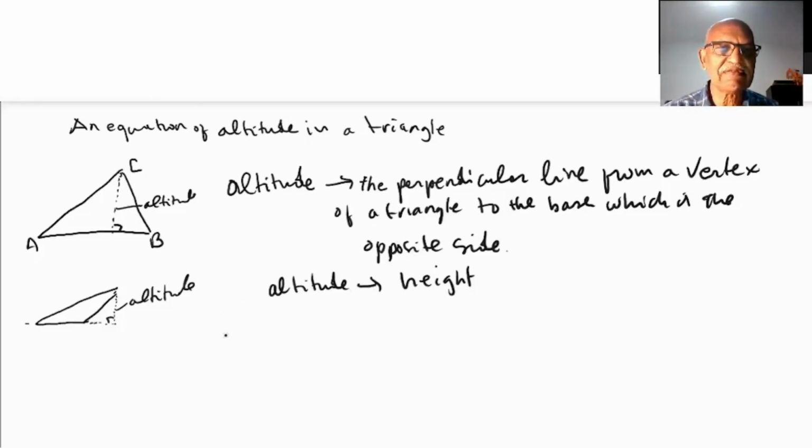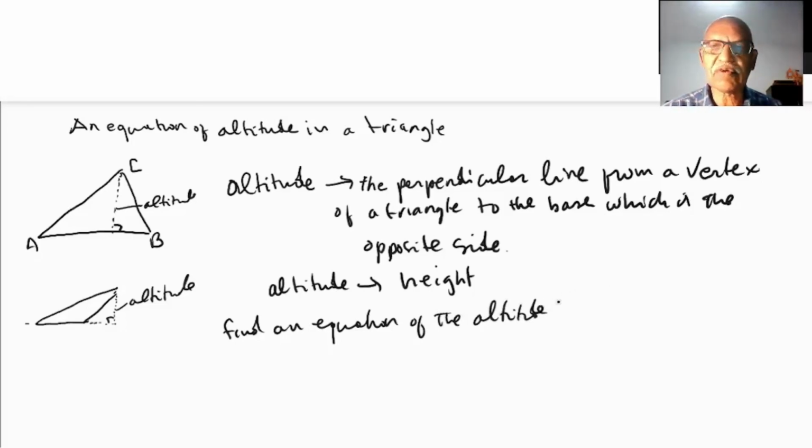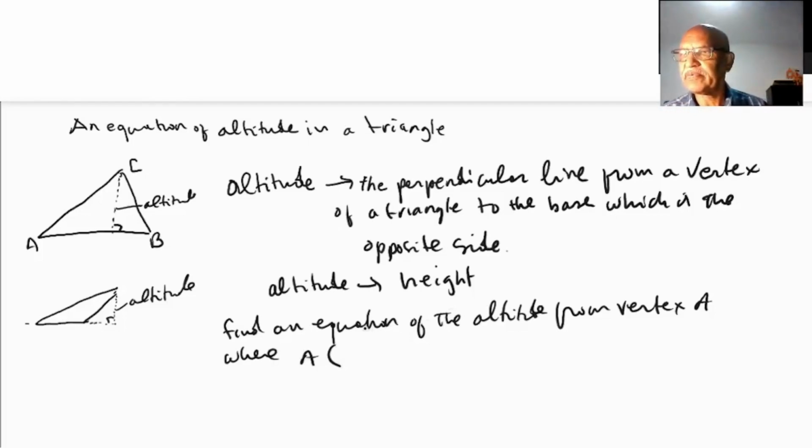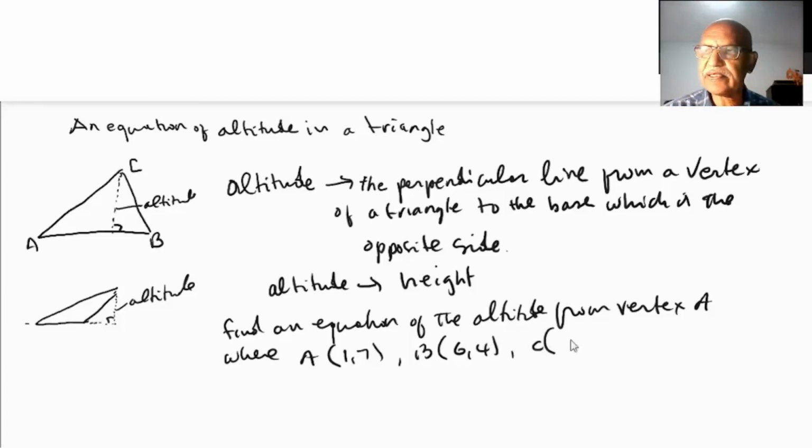Okay, let's see. Find an equation of altitude from vertex A, where we are given A is (1, 7), B is (6, 4), and C is (-3, 5).